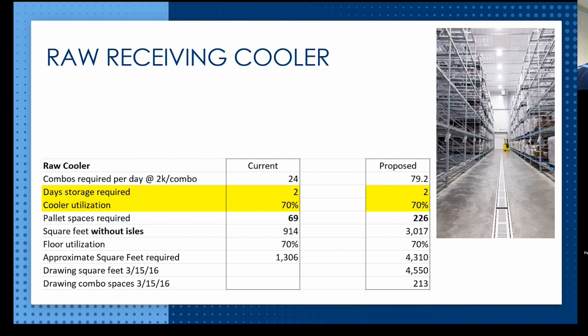So we look at the combos required and the utilization. We don't want 100% utilization of the cooler, because that would mean every space is filled and we have to have room to operate. Anywhere from 70 to 90%, depending on how it is managed, is typical. Then we determine the pallet spaces required, and then the square feet. Then we look at the layout, aisles, spaces, and things of that nature.